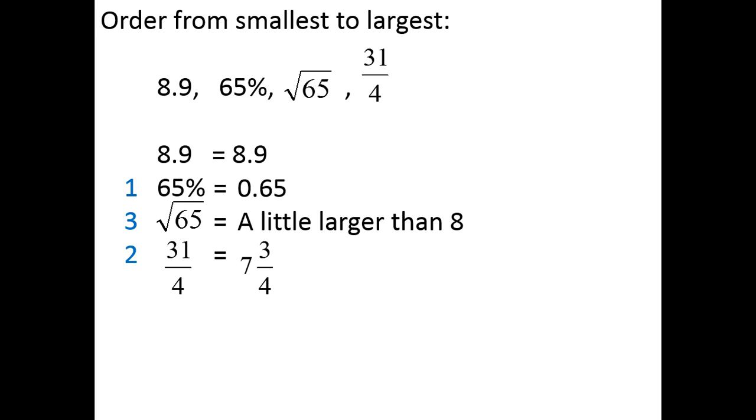It's a little bit bigger than 8. That's got to be bigger than 7 3/4. And then finally, the 8 and 9/10 is a lot bigger than 8, so it has to be the largest number. So from smallest to largest, the numbers are 65%, 31/4, the square root of 65, and 8 9/10.